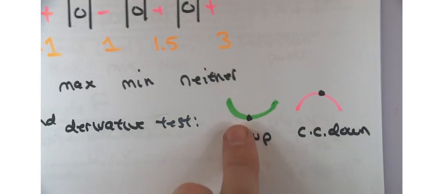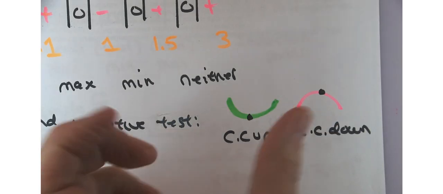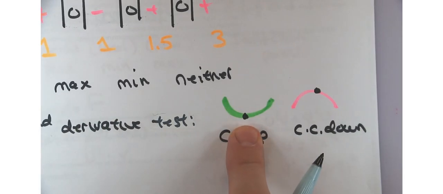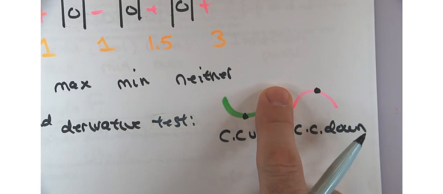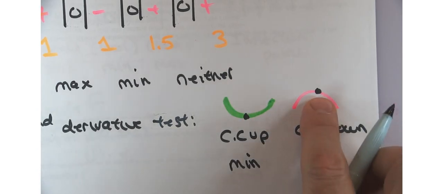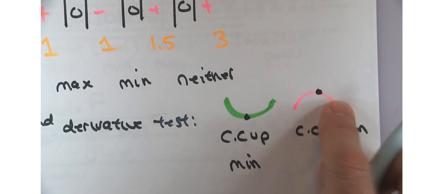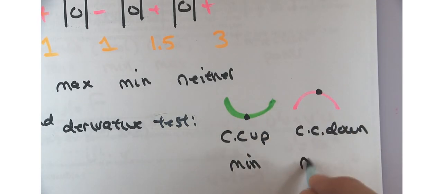So if you knew that these were critical points, and the shape of the function was concave up there, then this has to be a minimum. Or if you knew that this was a critical point and the shape of the function was concave down, what kind of point does that have to be? A maximum.